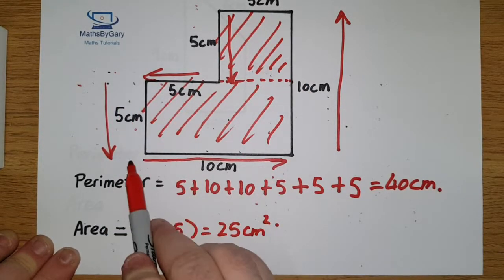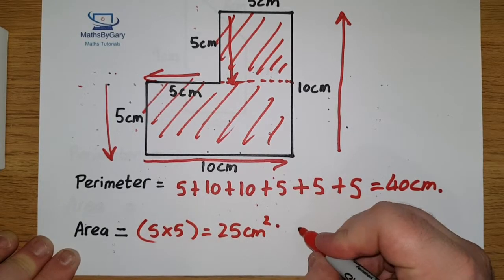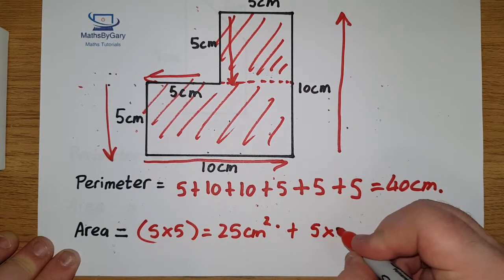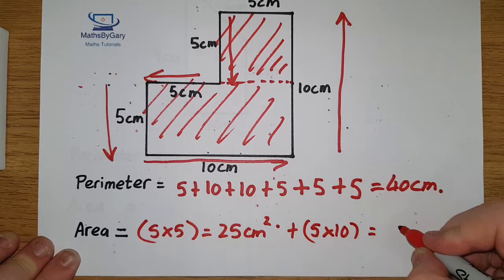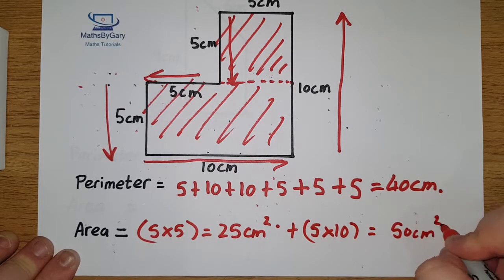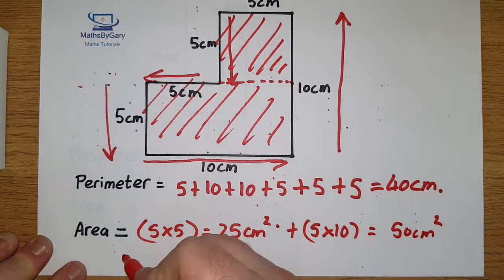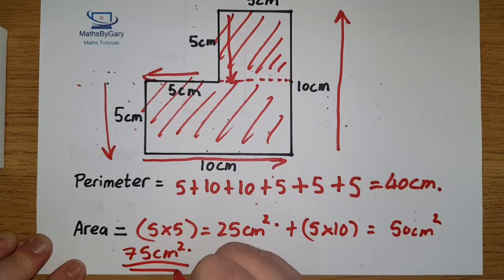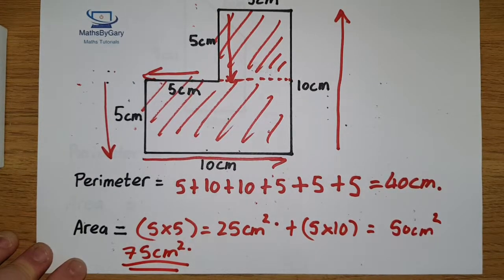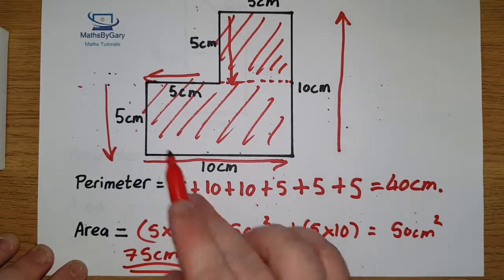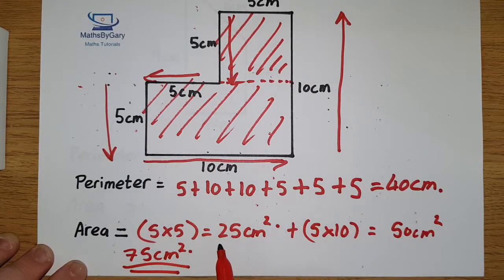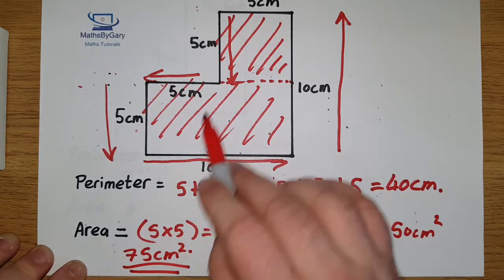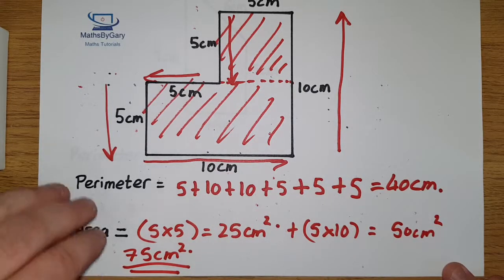And then 5 times 10 plus 5 times 10, which gives us 50 centimetres squared. 50 plus 25 is 75. So your answer for the area of this shape is 75 centimetres squared. And remember, what we've done is we turned it into a rectangle and a square. So 25 plus the 50, and that gives us 75 centimetres squared.